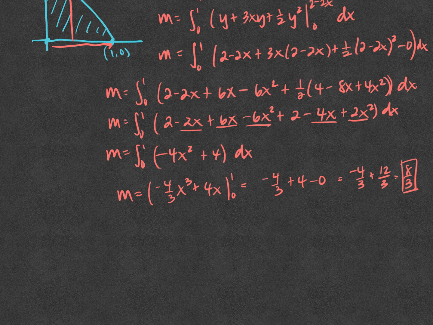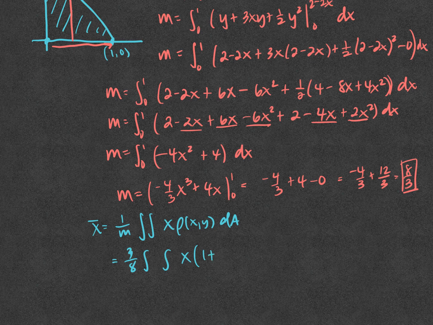And then we're going to write down our center of mass formulas. Now I'm going to start just with the x formula. So I'm going to say the x coordinate, x bar. X bar has a different notation in statistics, so be careful. But here we're going to use it to stand for the center of mass. So the x coordinate for the center of mass is 1 over m times the double integral of x times rho of x, y with respect to A. Now our x coordinate is going to be 1 over 8/3, so let's just call it 3/8, times a double integral of x times (1 plus 3x plus y).